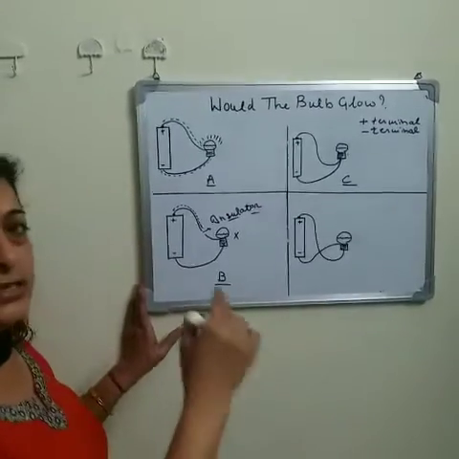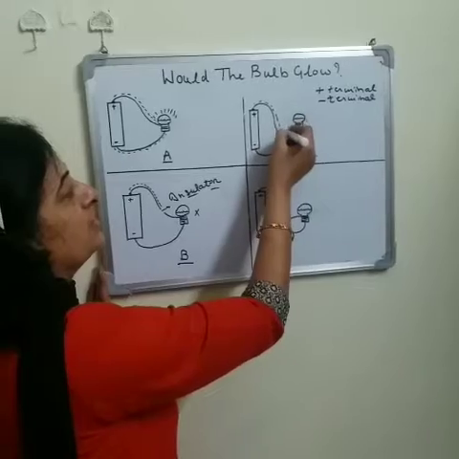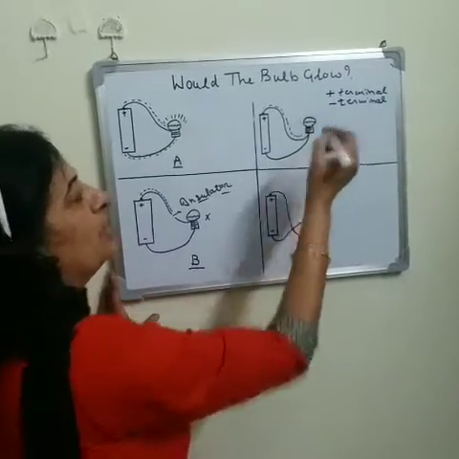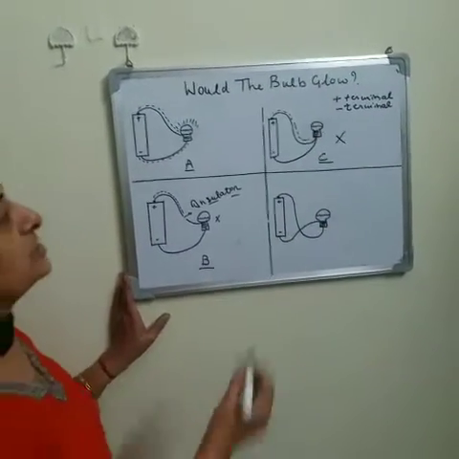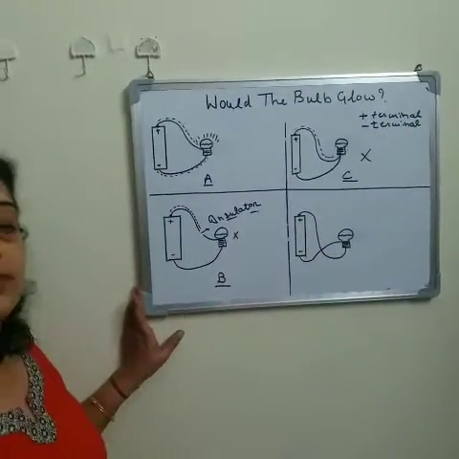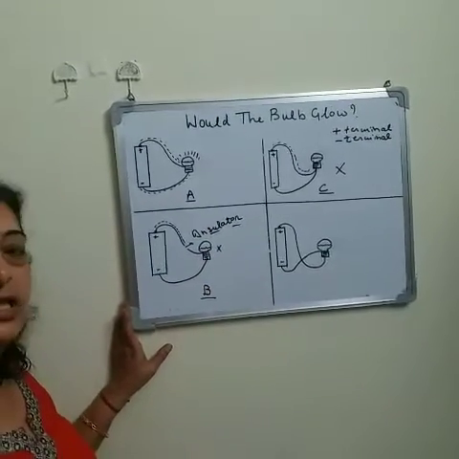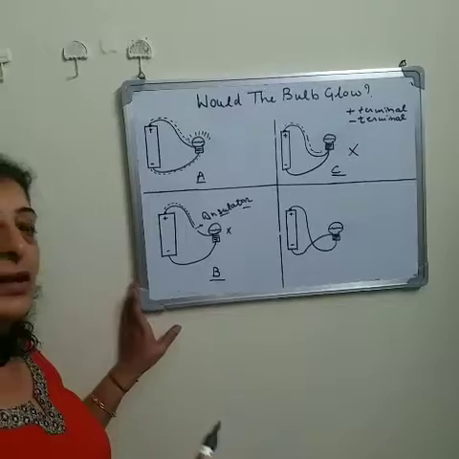So what do you think? In that situation, will the electricity flow? No, the electricity will not flow and the bulb will not glow. Because electricity always moves from the positive terminal to the negative terminal, and only if there is no gap between them will the electric circuit complete.